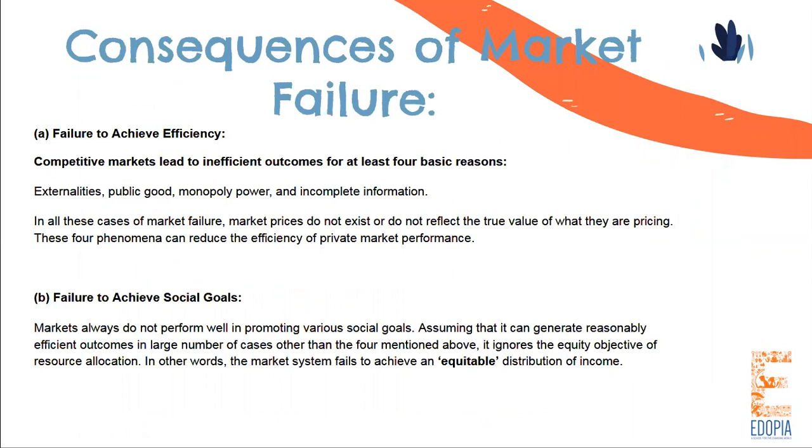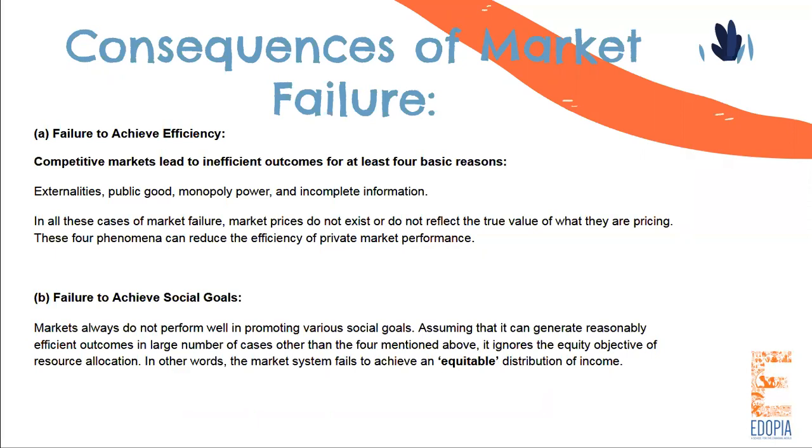Now, market failure can have a number of consequences. The first one is failure to achieve efficiency. Competitive markets lead to inefficient outcomes for at least four basic reasons. The first one that we have already discussed, externalities, then public goods, monopoly power, and incomplete information.